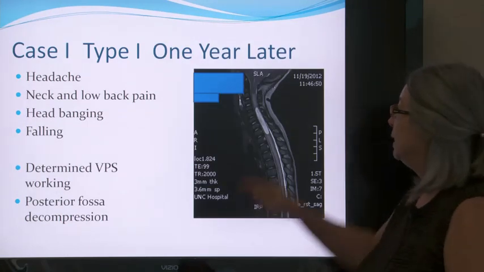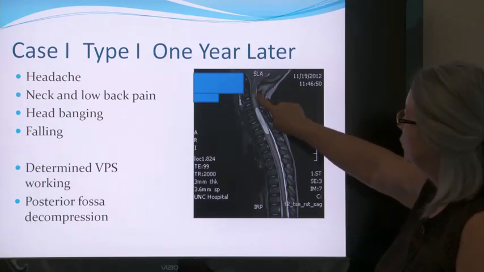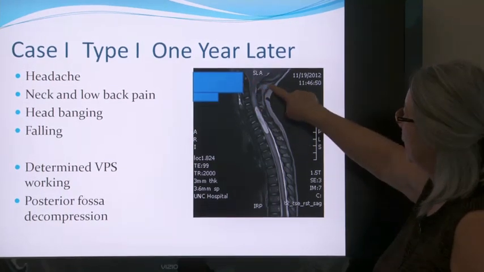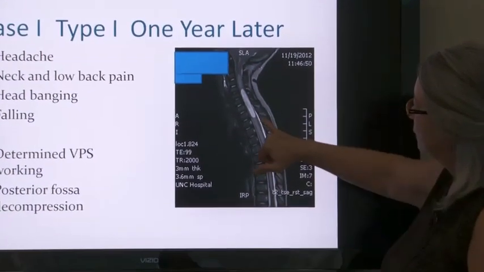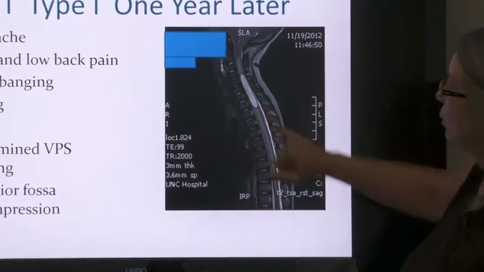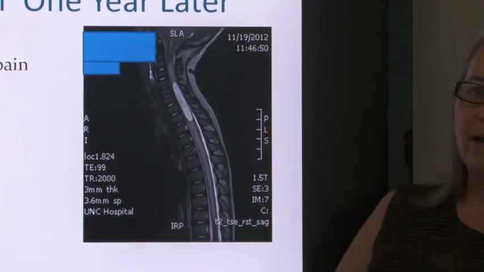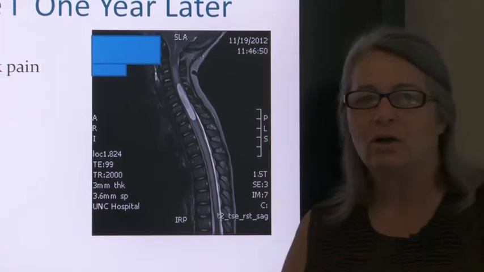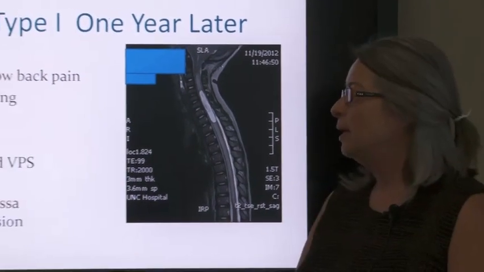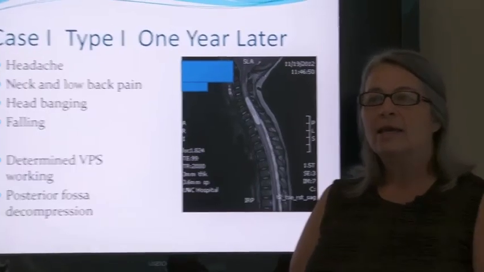Here's his herniation through the foramen magnum, would be right here. Here is the spinal syrinx. It's a very large spinal syrinx. He had headaches and low back pain, but as a 12-month-old, that's hard to interpret. He was doing some head banging.